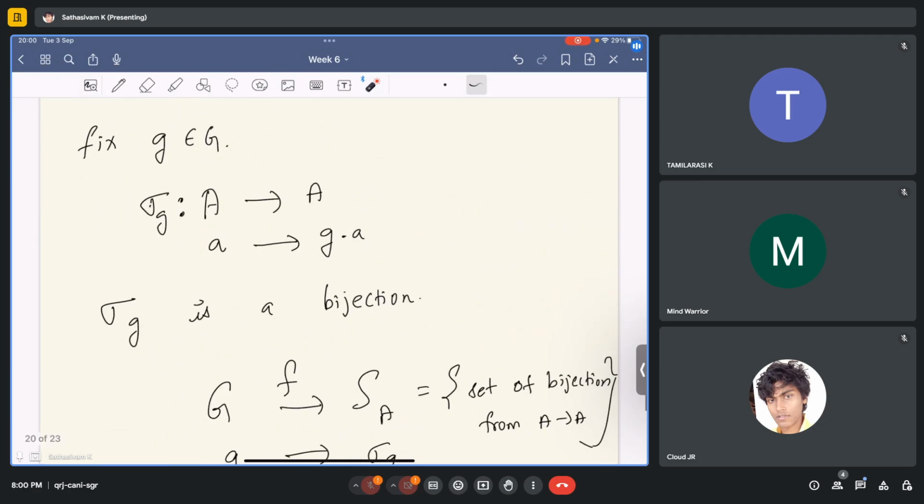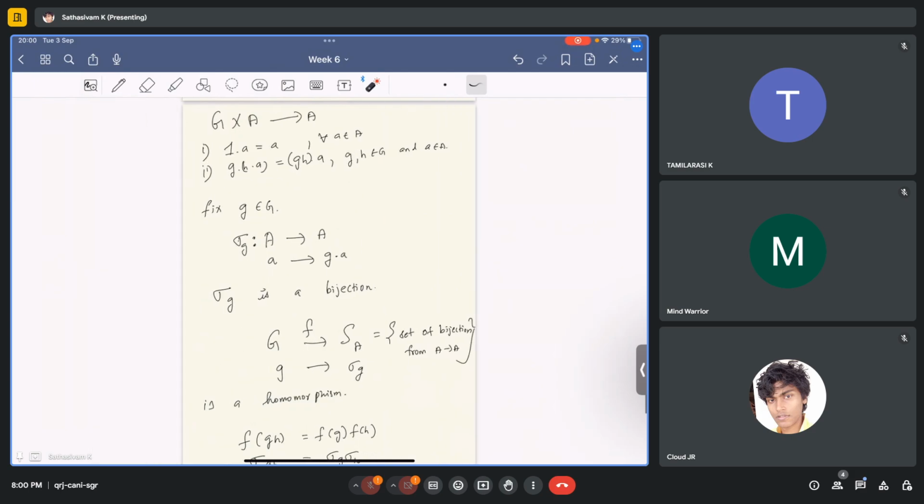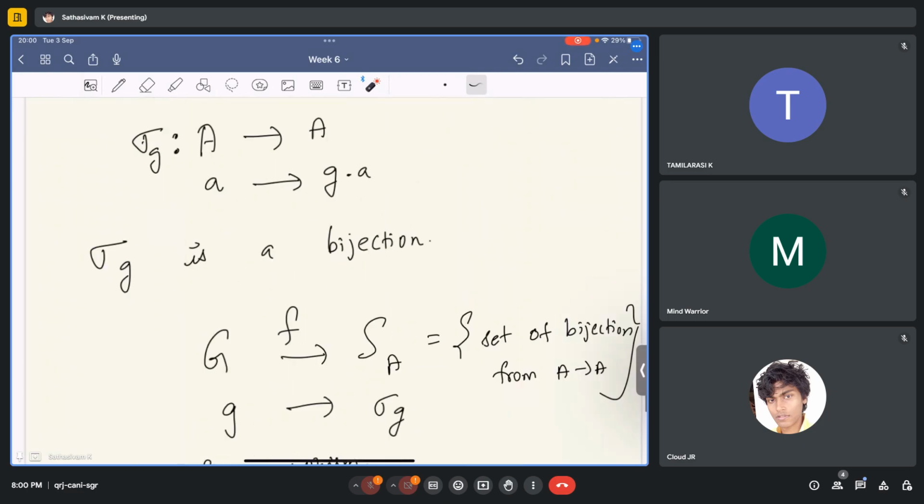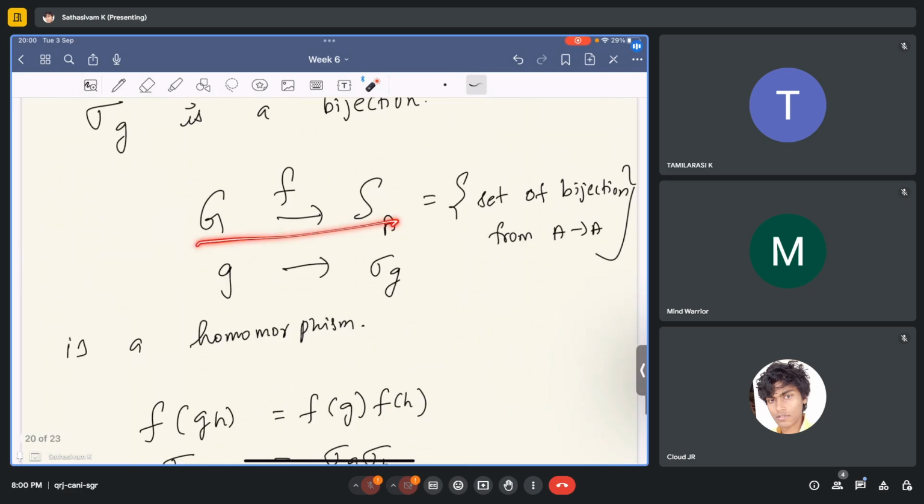So these two things are, in some sense, equivalent. Probably I will keep it like this here. So these are equivalent definitions. Either way, you can define a group action. Since this is a homomorphism, you also have a kernel, right?